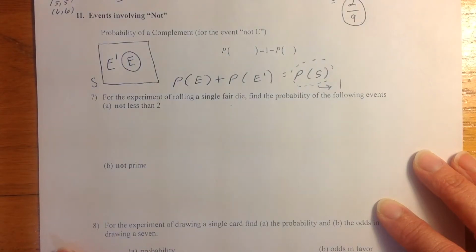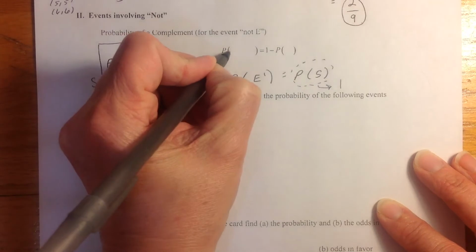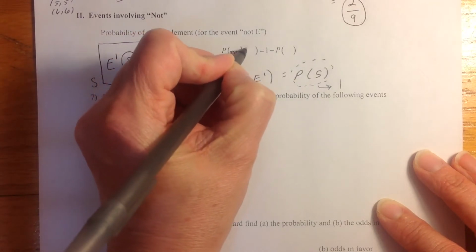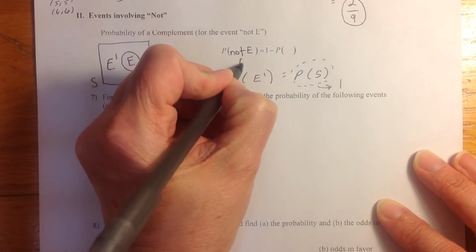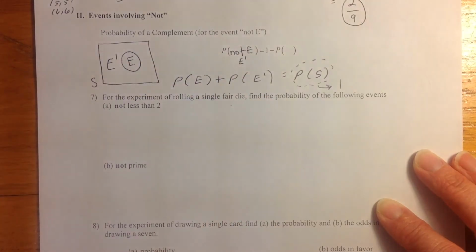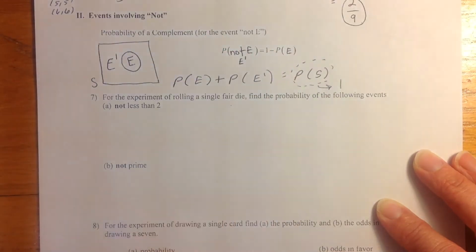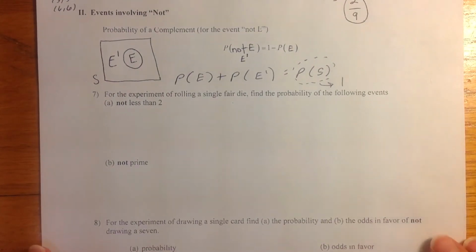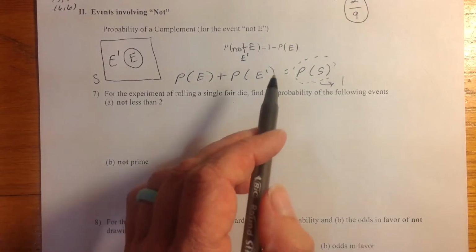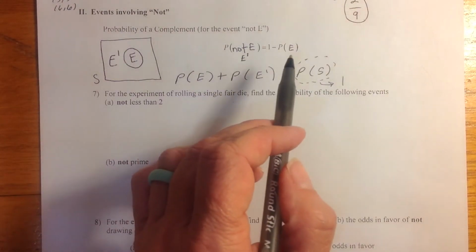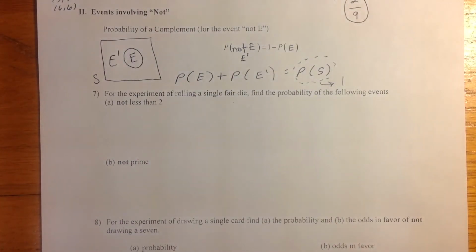So the complements principle says the following: the probability of not E, or E prime, is equal to 1 minus P of E. And we're going to learn with some of these problems that sometimes this indirect approach is easier to find our answer than doing it directly.